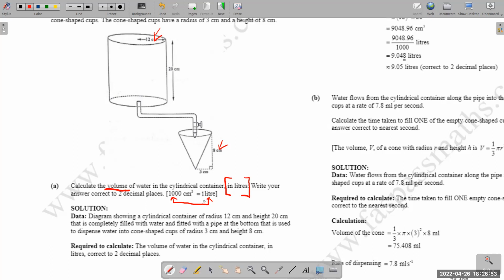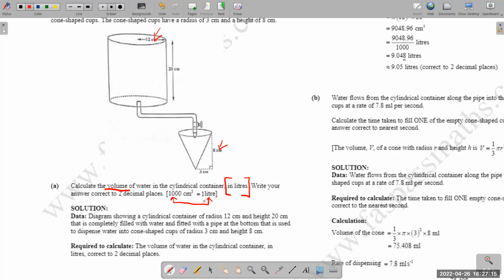So we continue. Volume, which is what we just calculated, divided by the rate, and they gave us the rate. Look here, it takes 7.8 milliliters per second to fill up the cone. So looking at the working, did they give us the formula?